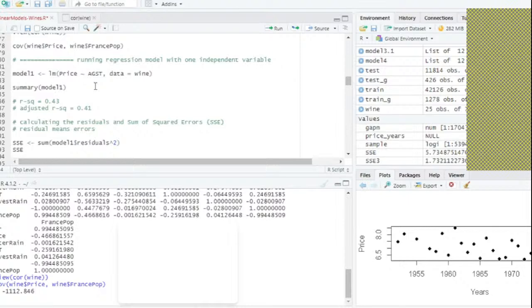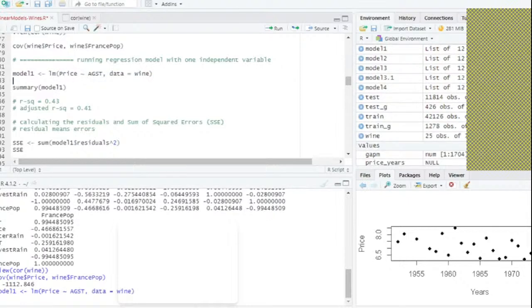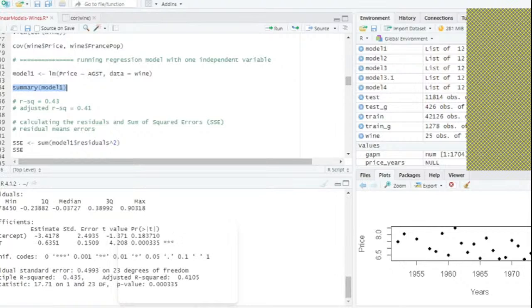Within LM, I mention price on the left side of tilde and AGST on the right side, just the way you write the equation y is equal to x. And I mention data, and I create model 1. First model I have created.